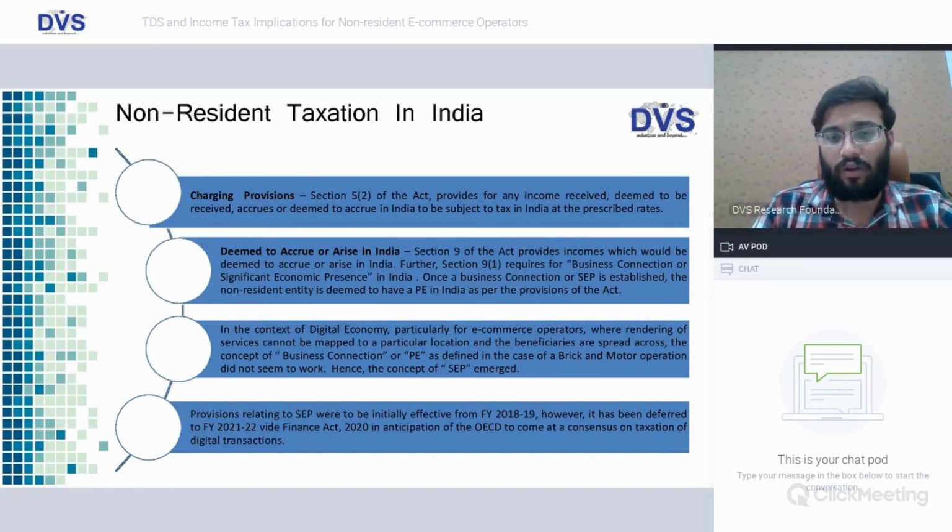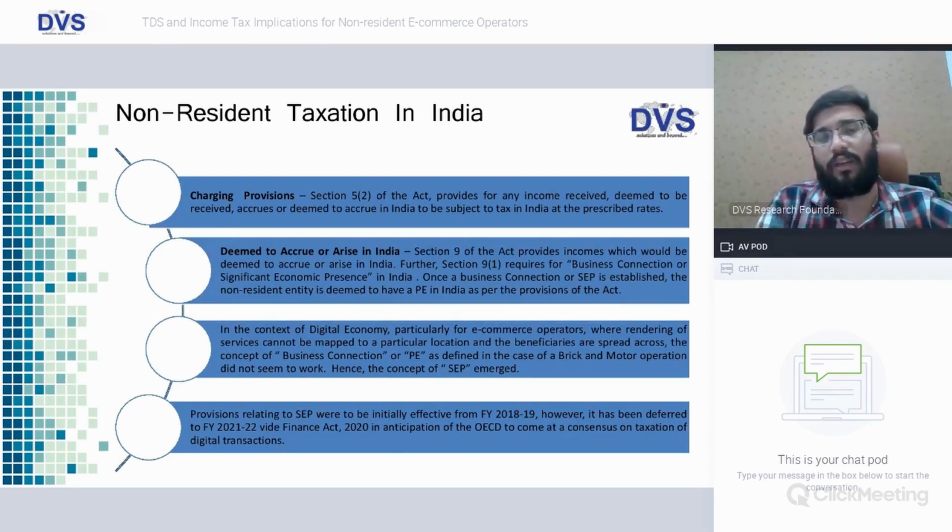In the context of the digital economy, particularly for e-commerce operators, where rendering of service cannot be mapped to a particular location and the beneficiaries are spread across, the concept of business connection, or PE, which is the equivalent of business connection in DTAA, as defined in the case of a brick and mortar operation, did not seem to work.